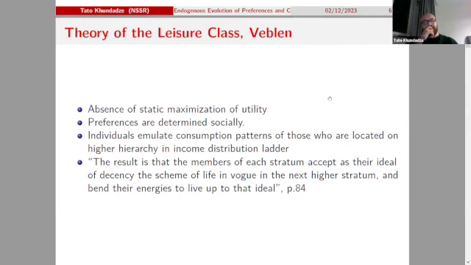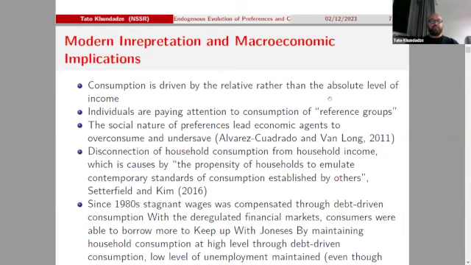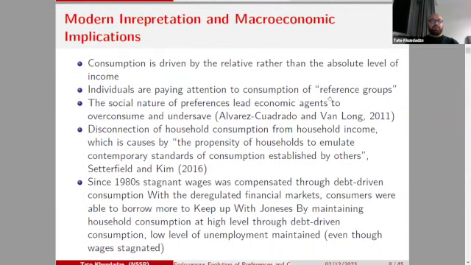So this is an absence of static maximization of utility, and preferences are determined socially, and individuals emulate the consumption patterns of those located higher on the income distribution ladder. And there is already some research done in this direction.